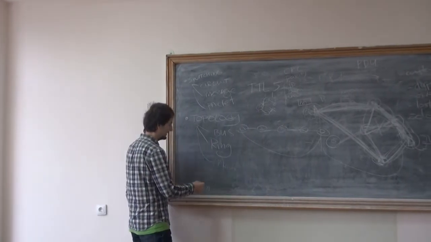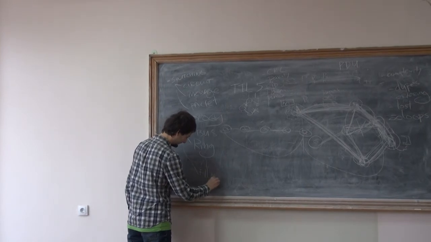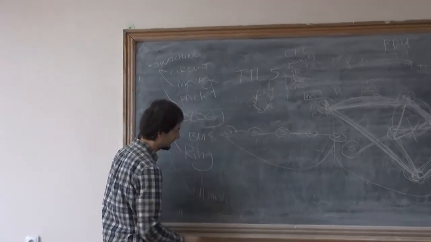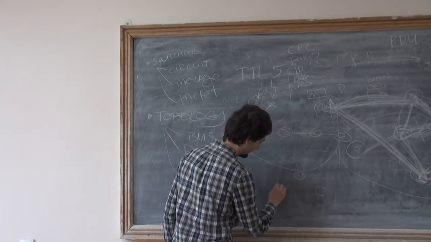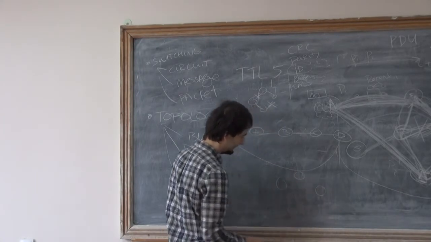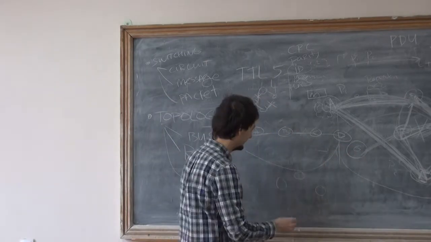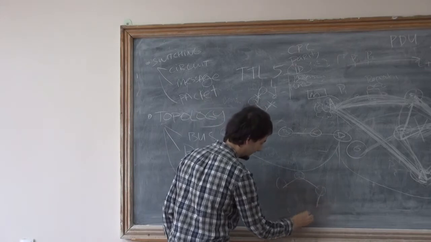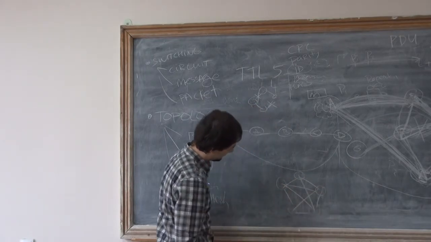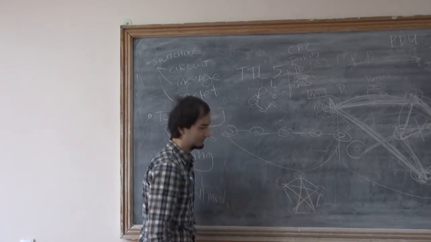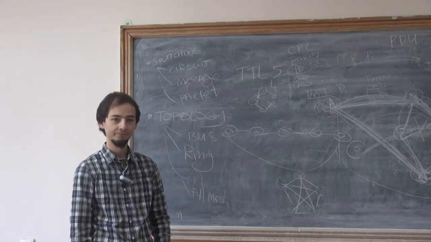There is also such a thing as a full mesh. In this case, we have some sporadic connections, but a full mesh implies that there is a connection between every node to every other node.